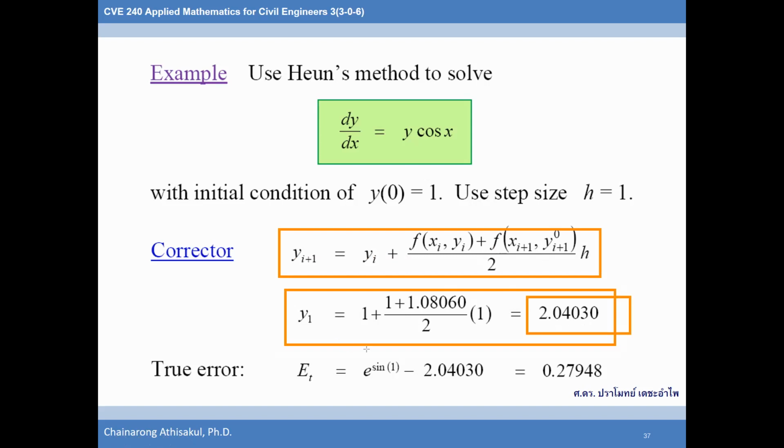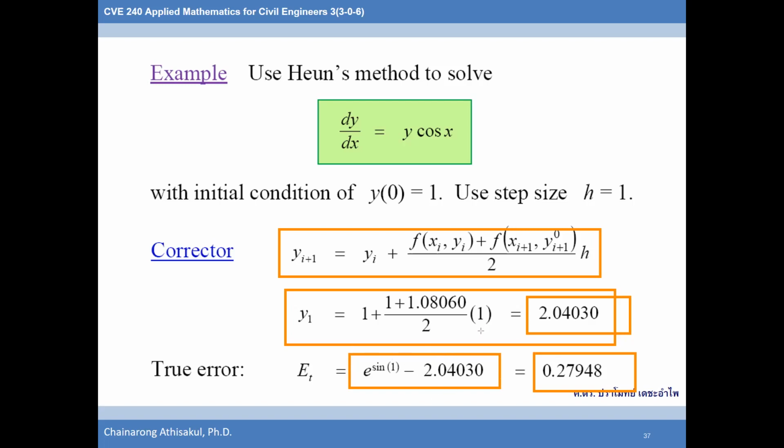In combination with the exact solution, we will find that the true error is reduced to 0.279. This is the true error, but it is not the percent error, because this is just the relative error, that is the difference between the exact solution and another topic. We will self-study that case.